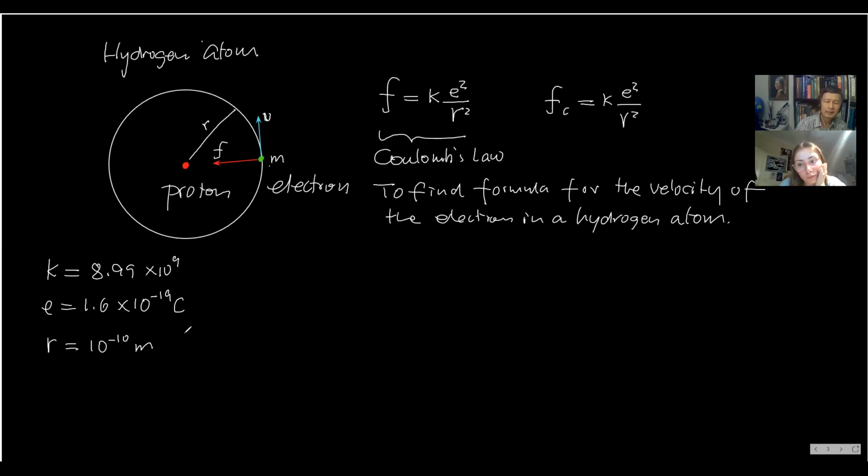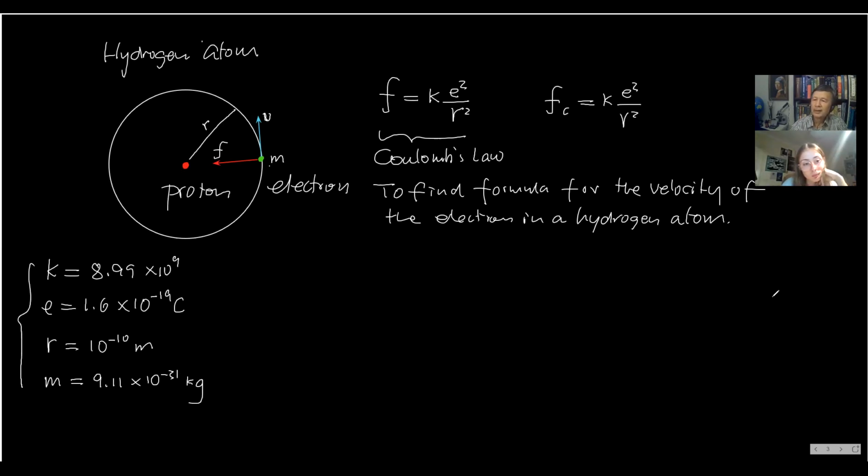The mass of the electron, which is very small: 9.11 multiplied by 10 to the power negative 31 kilograms. Okay, these are the numbers we can use.